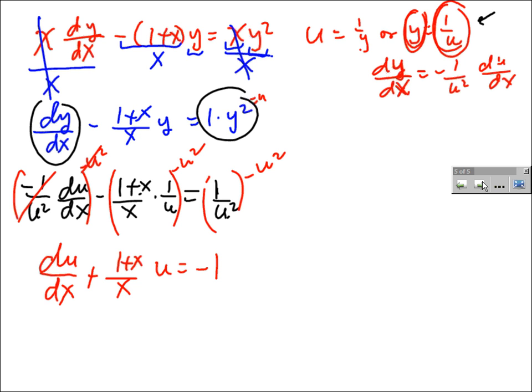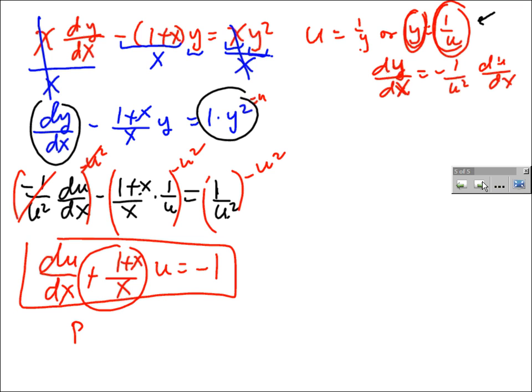This here is a linear differential equation. Now the answer. P of x is 1 plus x over x, which is 1 over x plus x over x, and g of x is negative 1.